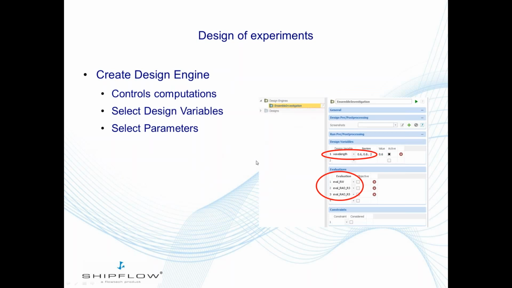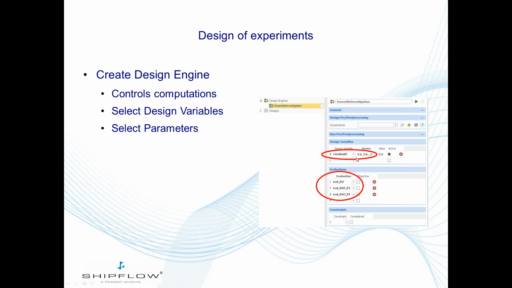And then in order to drive all of this, we create the design engine. Here we will use an ensemble investigation that corresponds to design of experiments. So we will have a ready series of computations that we want to do.